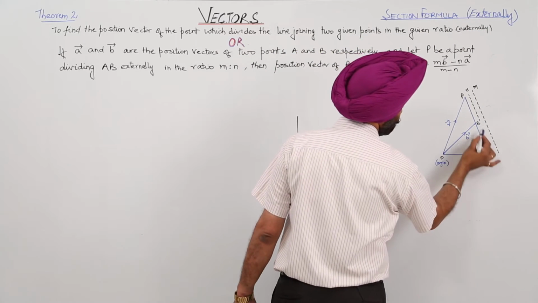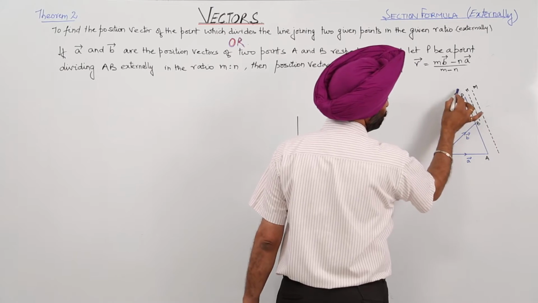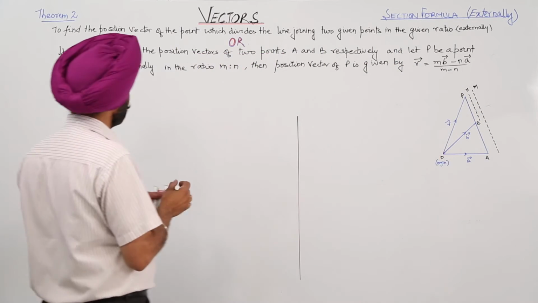Now A and B are the endpoints of the line segment, and P is an external point.